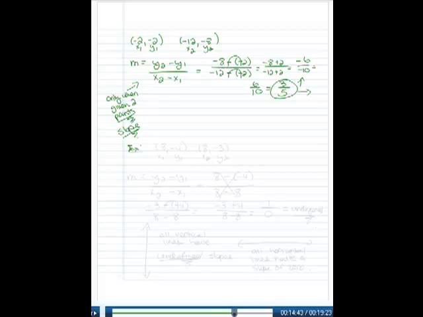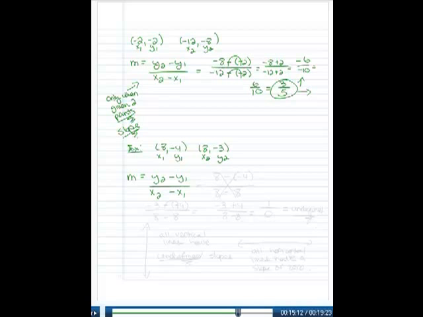Let's do the points (8, -4) and (8, -3). Again, take a couple seconds just to label everything. x1, y1, x2, y2. Formula that you should memorize. m equals, which is the slope, y2 minus y1 divided by x2 minus x1.